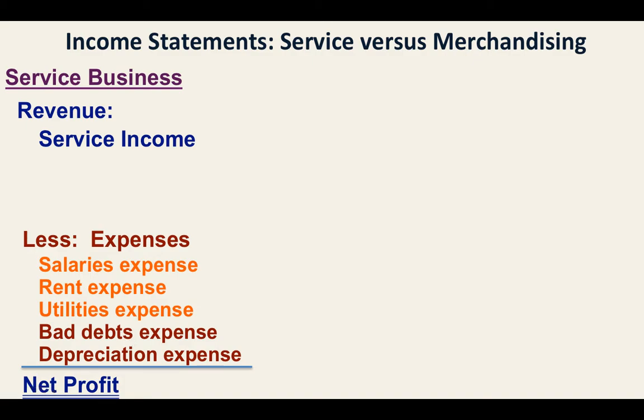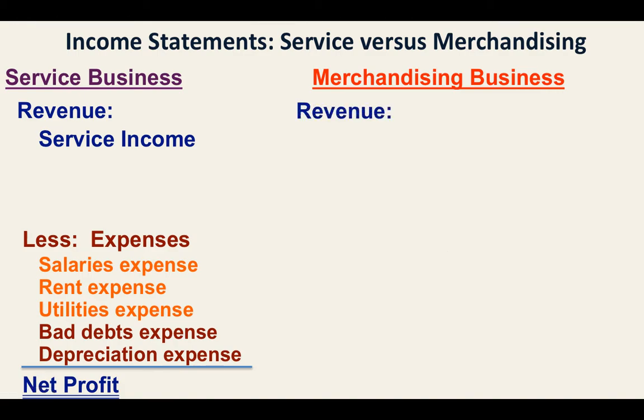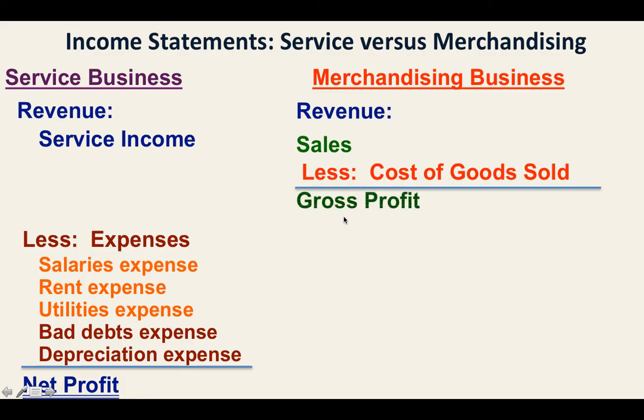Okay, class? But in merchandising business, the presentation of income statement will be, we have the same thing, revenue, and revenue is sales. Okay, we will deduct from sales the cost of goods sold. So sales less cost of goods sold will give you your gross profit.